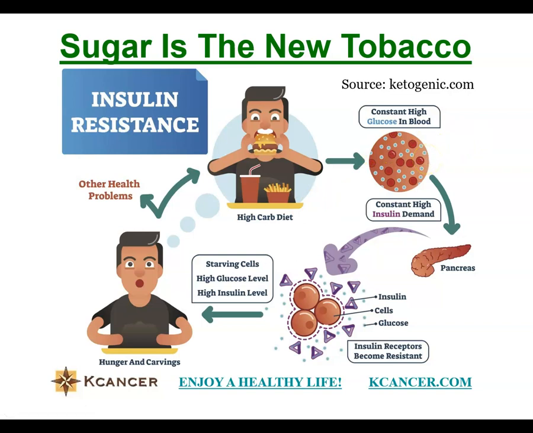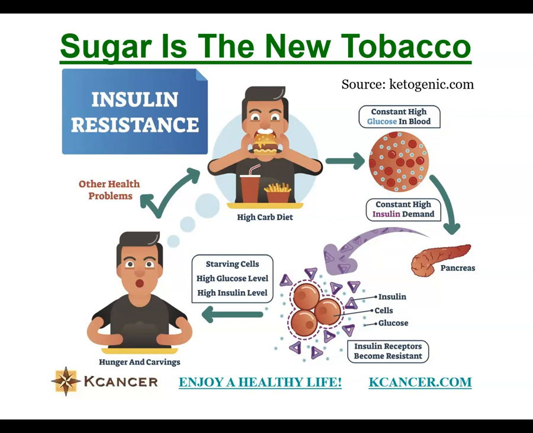Glucose itself cannot get into the cells; it needs the assistance of insulin. So when you have high glucose, the body secretes more insulin.